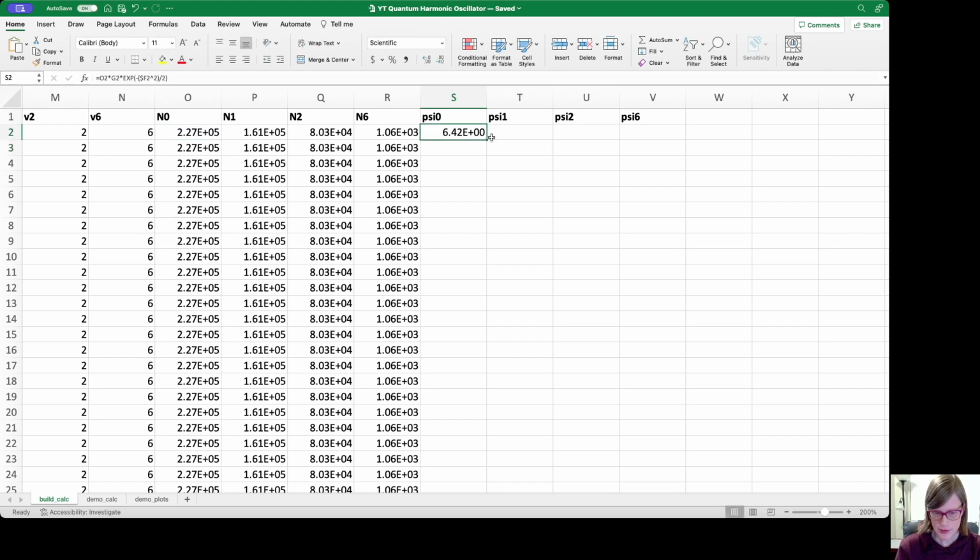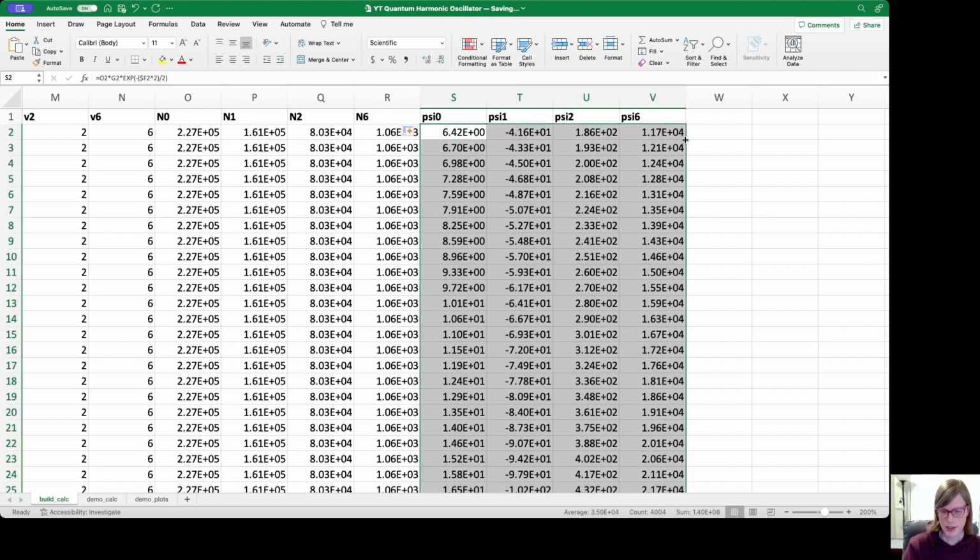Because we have the right mix of relative and absolute referencing, there we go. There are our values of the wave function.